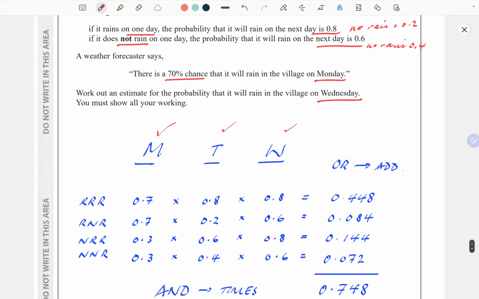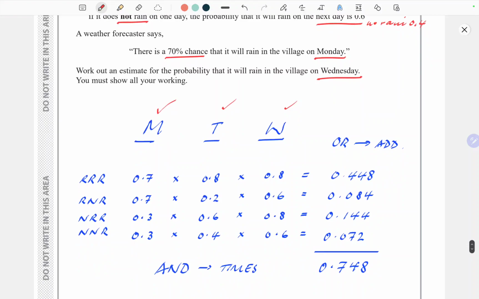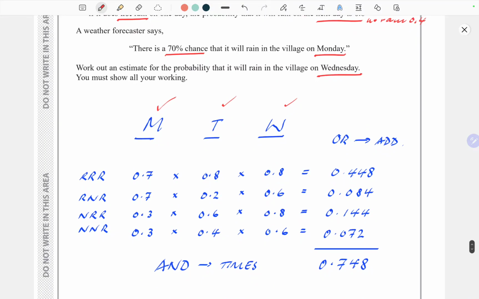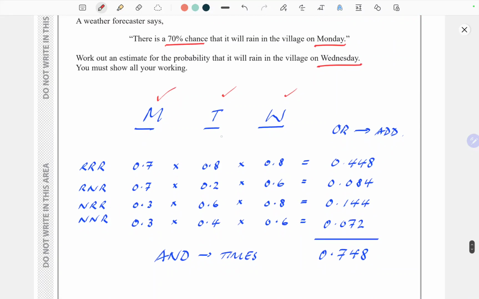Now, if we want rain on a Wednesday, obviously Wednesday it's got to rain. But what happens the previous 2 days changes everything depending on what combination we have. So we're going to look at Monday, Tuesday, and Wednesday in all the possible combinations. But Wednesday has always got to be raining. That's what we're actually looking for.